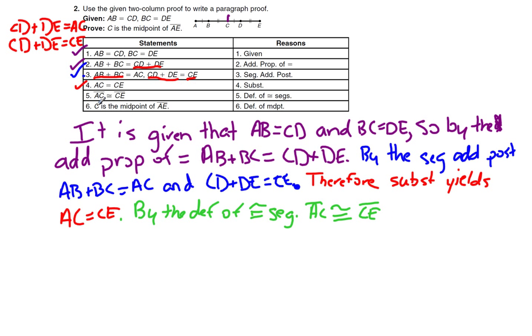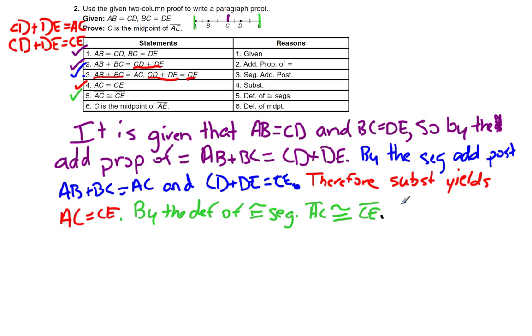Alright, and if they are the same, if they are congruent, and from A to E, that's our total distance, right? Then halfway in between has to be C. So if AC, the distance on the left, is the same as the distance on the right, or these segments are exactly the same, then C has to be the midpoint. Okay? So one more fancy word.